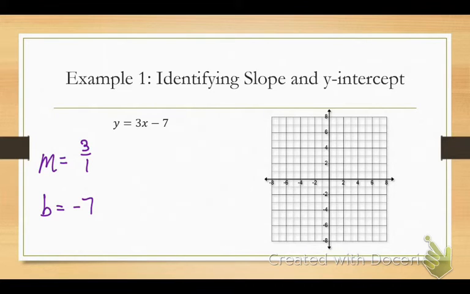So I need to plot a point on -7. Now from that point, where does my slope tell me to go? Up 3 over 1. So that's what I'm going to do. You guys are about to do this on the next example. Up 1, 2, 3 over 1. Plot your point and draw your line straight through it.